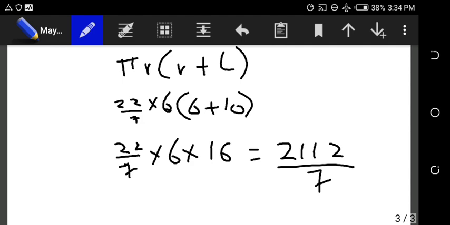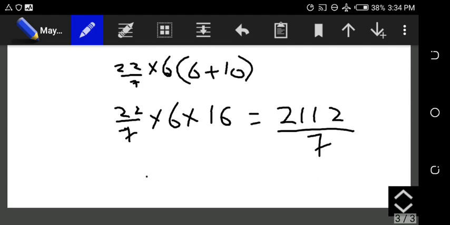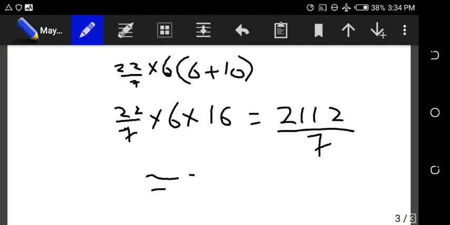So 2112 divided by 7 will give us approximately what we got earlier, which is 301.7 cm squared. The unit will be cm squared because we are dealing with area, the surface area.